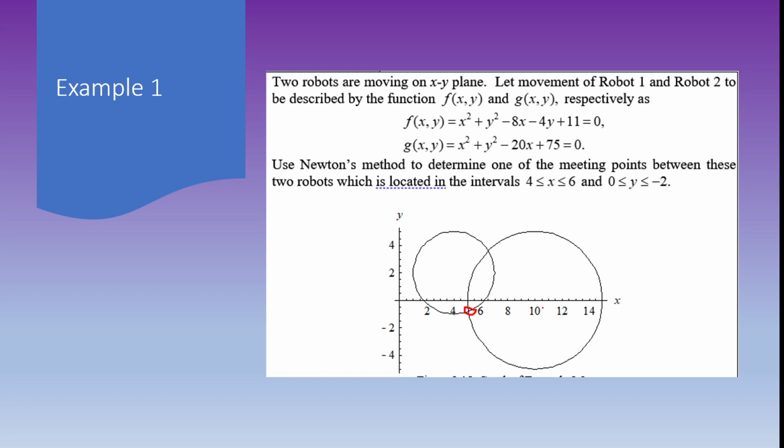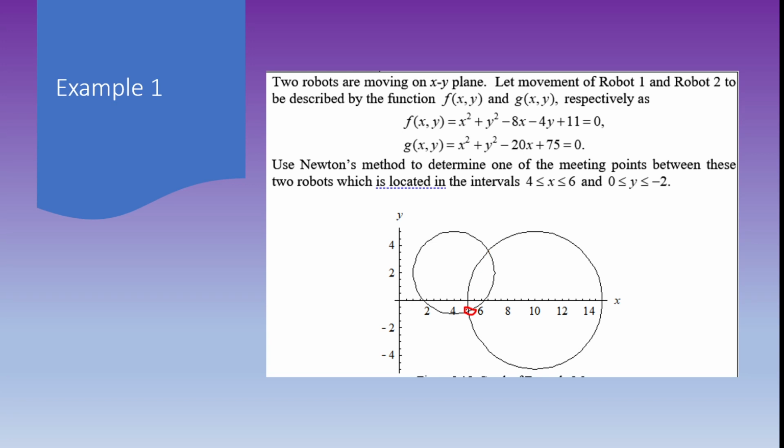I'm sorry, I didn't indicate which is f and which is g. Then use Newton's method to find one of the meeting points of the two robots, which is located in the interval. The solution for the two nonlinear equations is their intersection point.